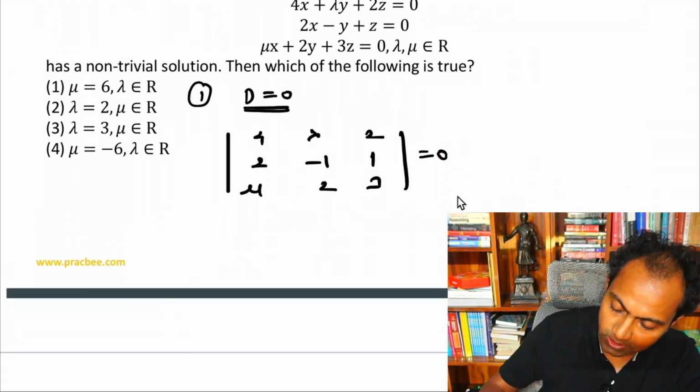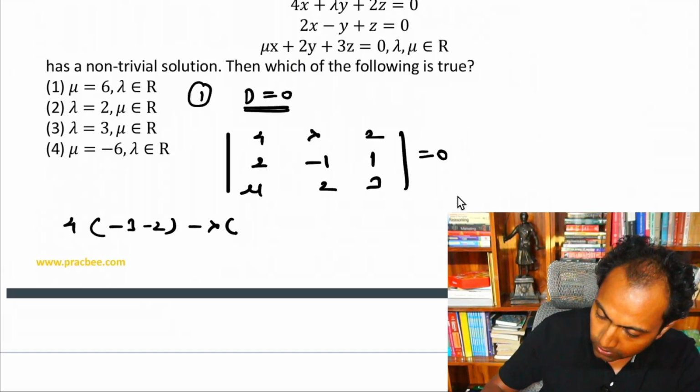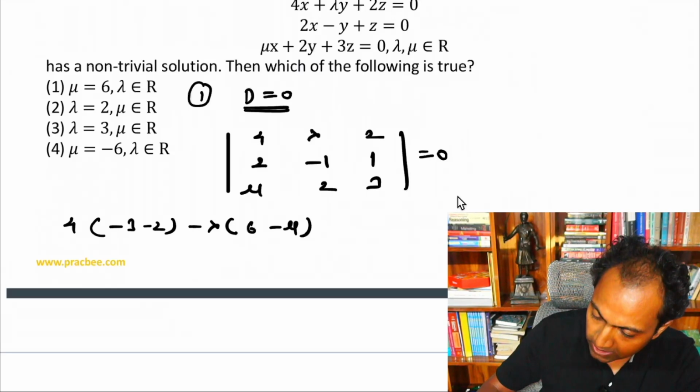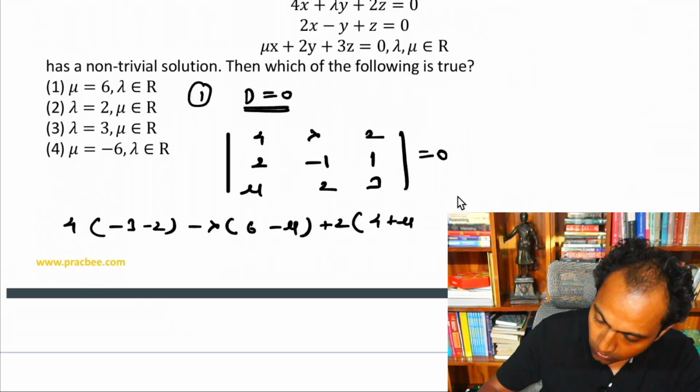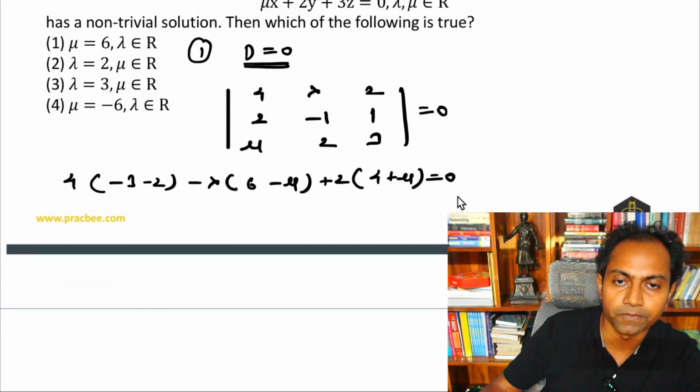If I open this up along the first row, this comes out to be 4 into minus 3 minus 2 minus lambda into 6 minus mu, and the last part, that is 2 into 4 plus mu, equal to 0.